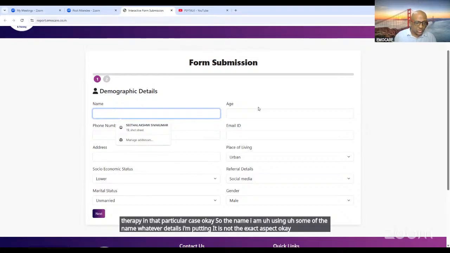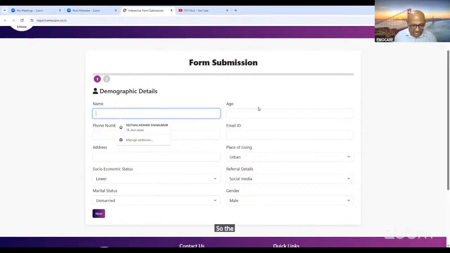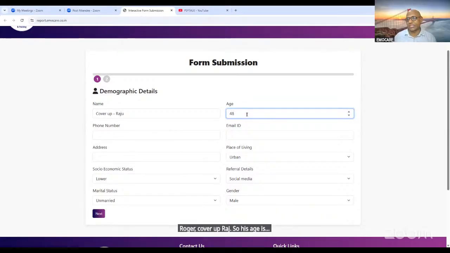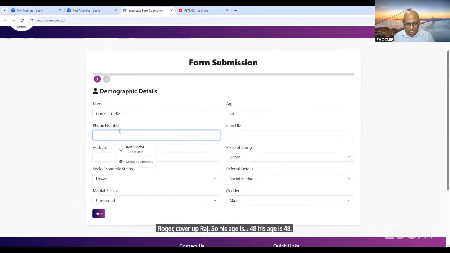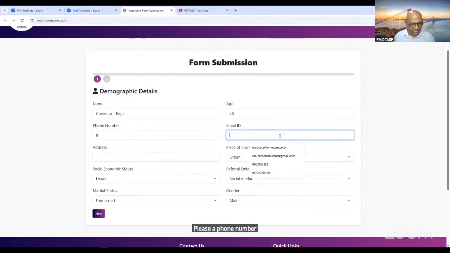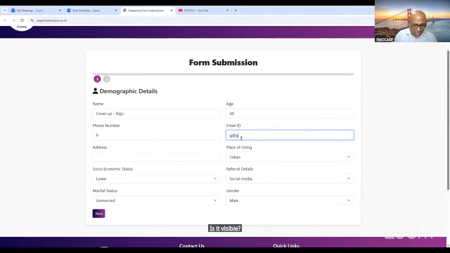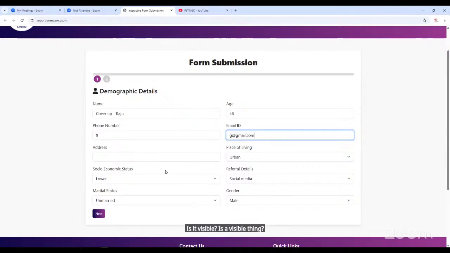So the name I am taking is cover-up Raj. His age is 48. His phone number, I'm just putting something. Is it visible, team? Yes, sir, it's visible.